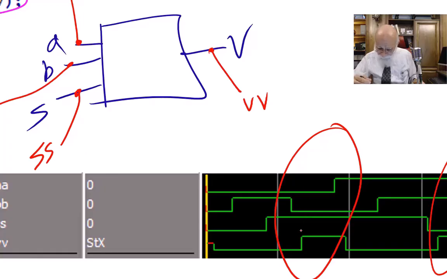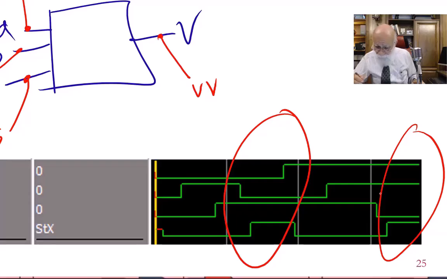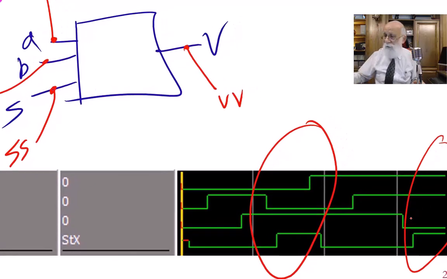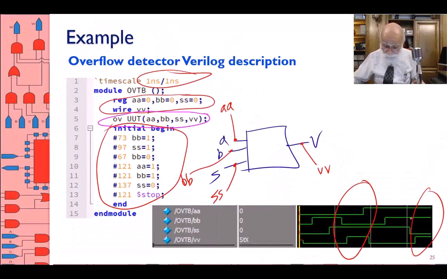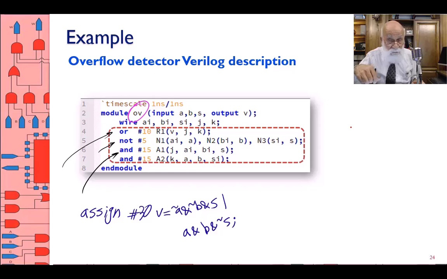It happens after a delay when AA is 0, BB is 0, and SS is 1. Okay, this situation doesn't happen immediately, it happens after a delay. The same thing over here. Notice that as soon as SS becomes 0, there is a delay between the time SS becomes 0 and VV becoming 1. And that is the delay that we put in our description, which is this description here.